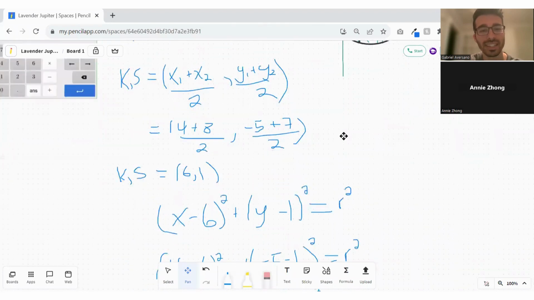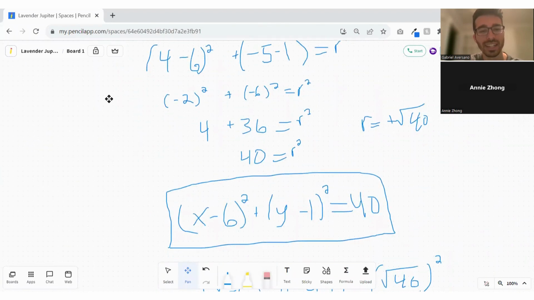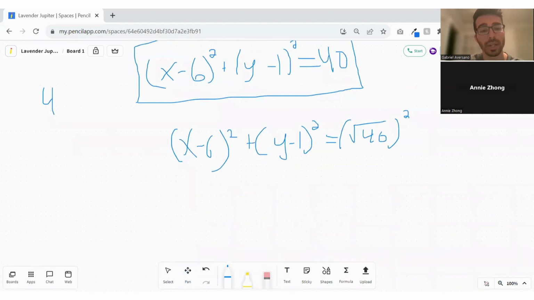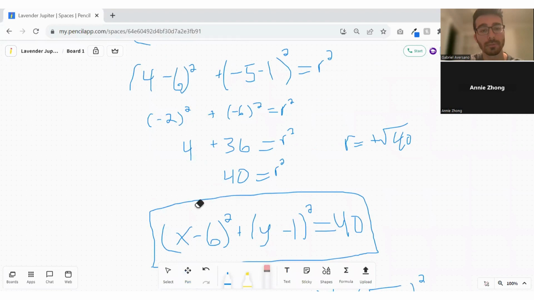X is equal to 8. I keep making that mistake. X is equal to 8. So 8 minus 6 is 2 squared, and 7 minus 1 is 6. So you end up with the exact same numbers actually, 4 and 36. Okay. I did not lie to you.